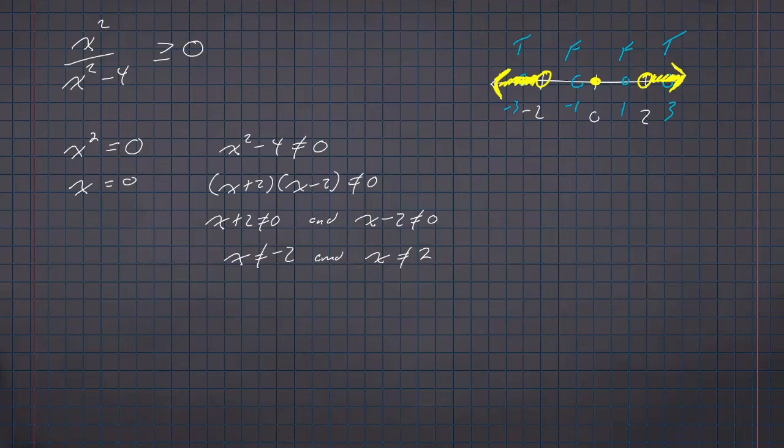I think the easiest is to just put a singleton set in the middle. So we have everything to the left of negative 2, not including negative 2. We have a gap. We have the point 0. We have another gap, and we have everything to the right of 2, not including 2. It gives us a kind of interesting looking interval, but it works, so we'll go with it.